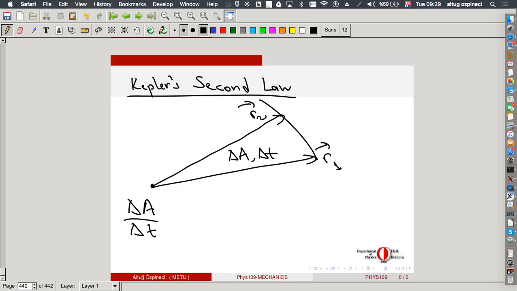Now at this instant, it also has a velocity, let's say v. So here we have our planet at our initial time. It is moving with a velocity v such that after a time delta t, its position becomes r2.